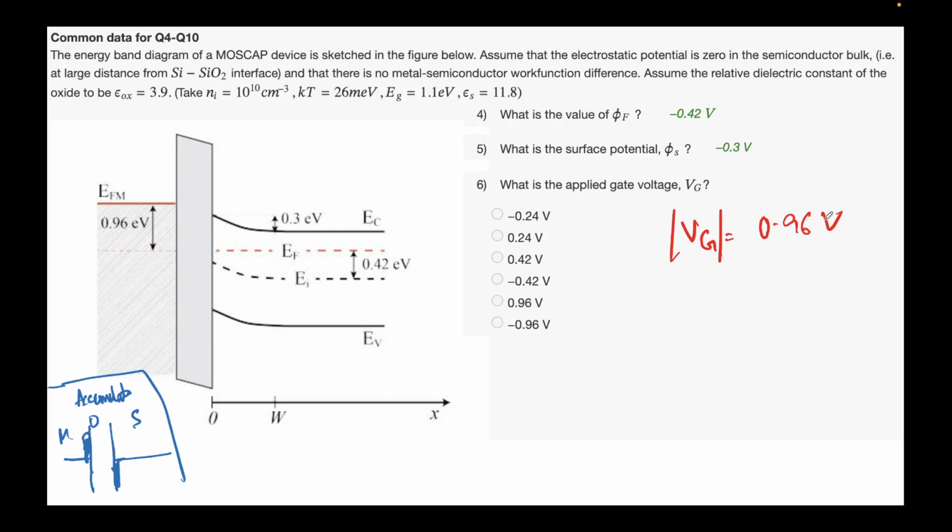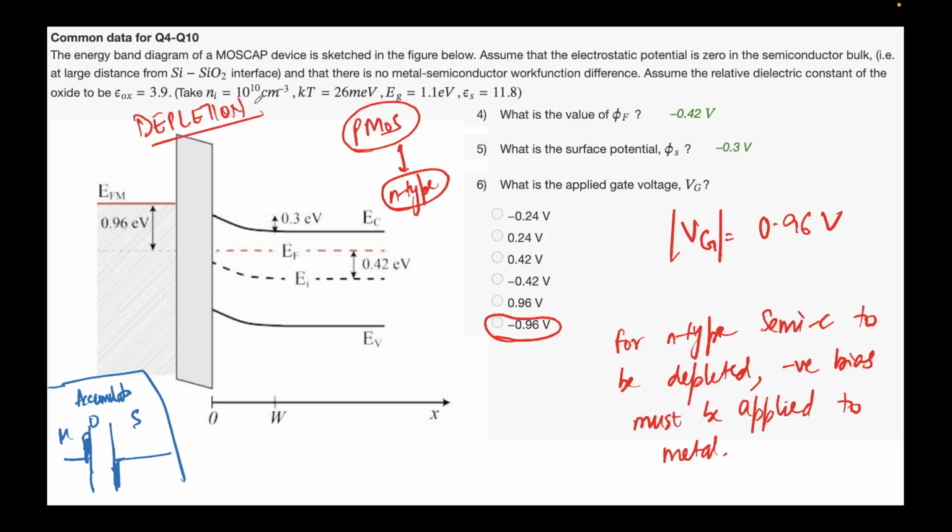So this VG, whose magnitude is 0.96, must be negative. We have already established, mind you, we are in depletion mode. I don't know about inversion. We are definitely in depletion. Inversion cannot come without depletion, so we are definitely in depletion, maybe inversion, but depletion has to come, and hence this voltage has to be minus 0.96 volts.